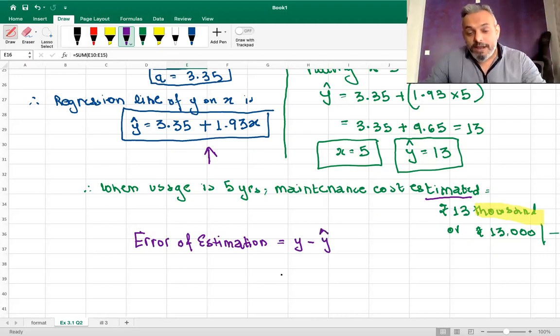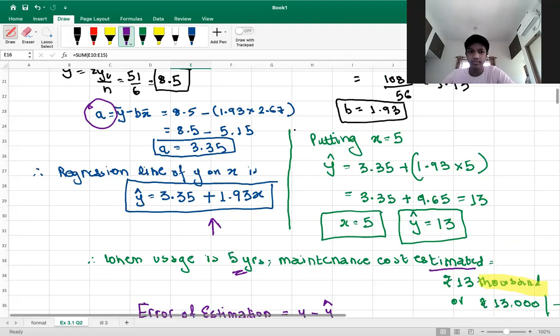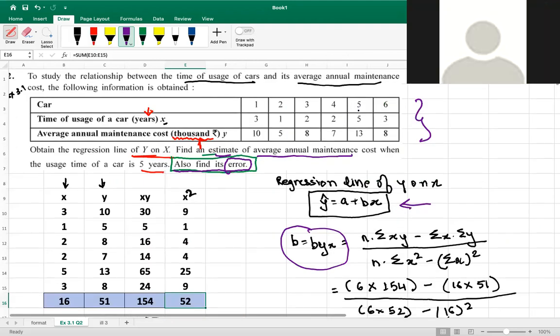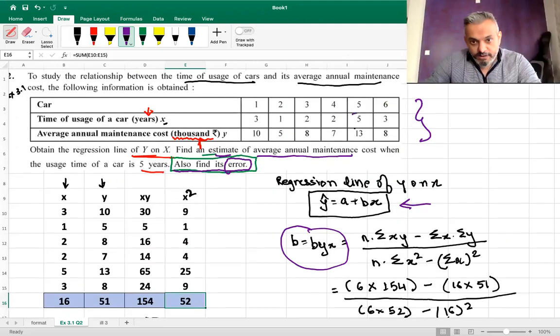So now let's check what was the actual cost when usage was 5 years. Can you look into the question and tell me what was the actual cost when usage was 5 years? 13,000. Yes, for these 5 years, it was 13,000.